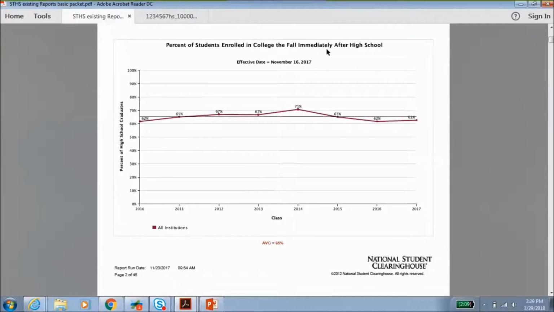We define fall for purposes of StudentTracker as August the 15th through October 31st. Does that student have any college enrollment that crosses through those dates? And this is what I was hinting at before when we asked about the student who takes classes during high school.